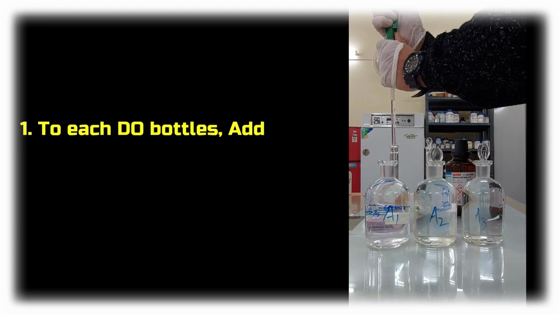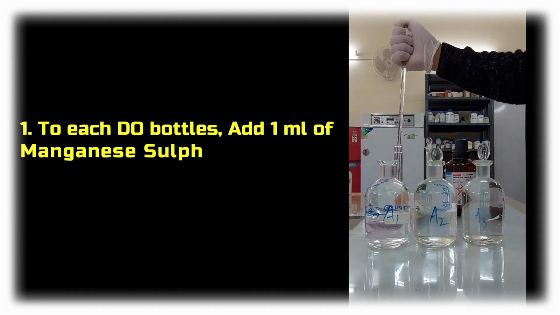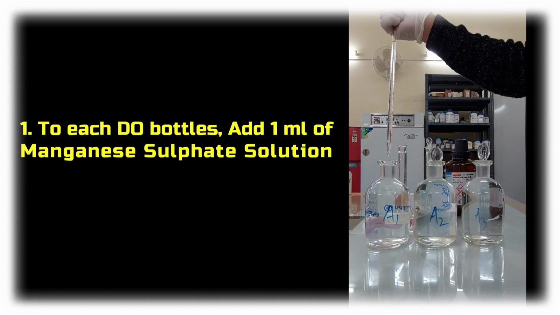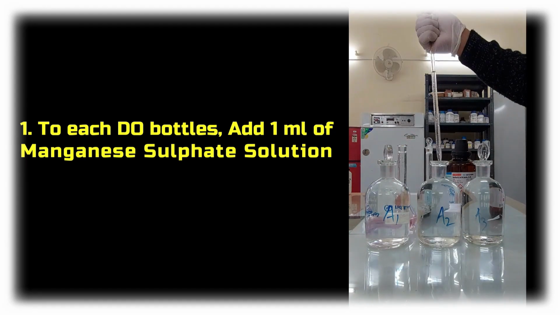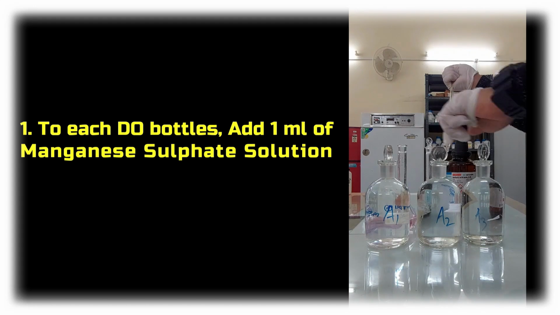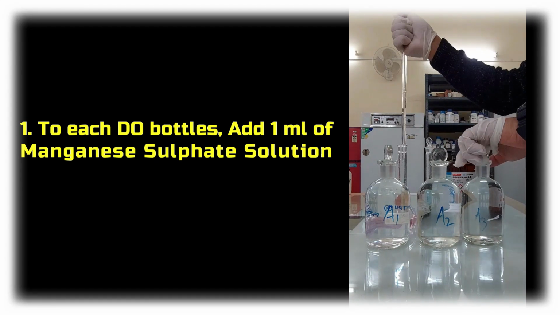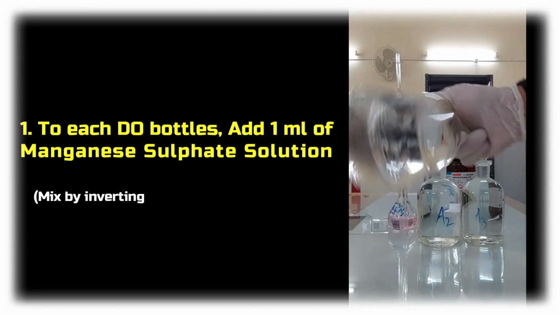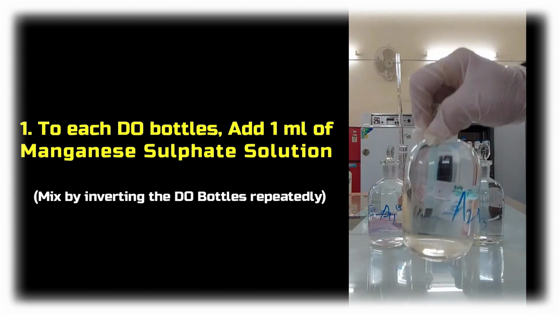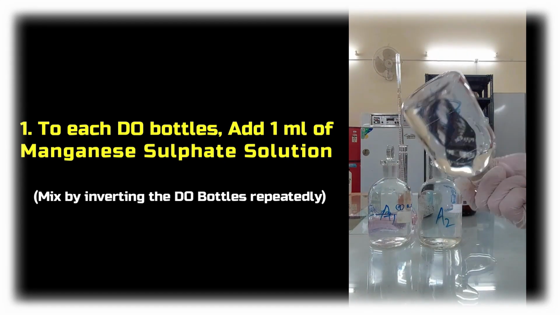And to do so, first thing first is to add 1 ml of manganese sulfate solution to each. Mix the solution by inverting the DO bottles repeatedly.